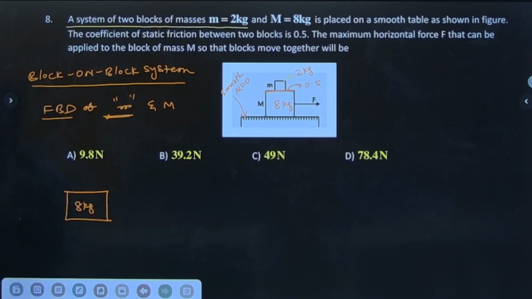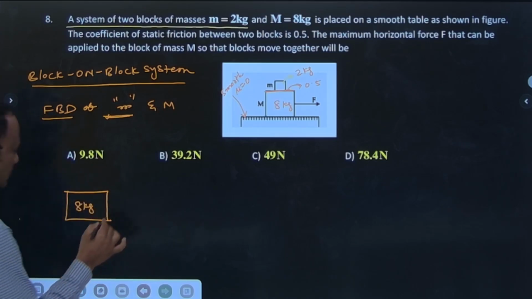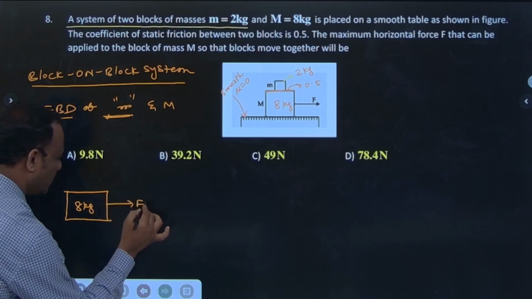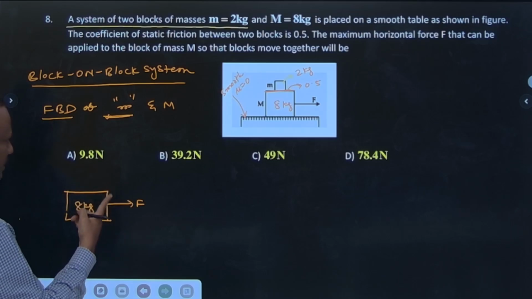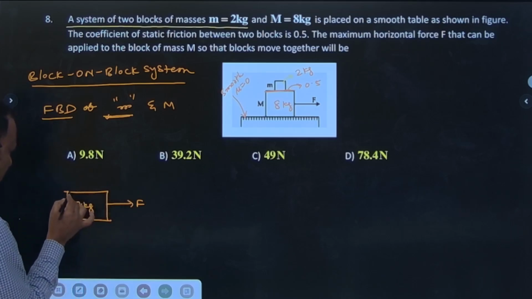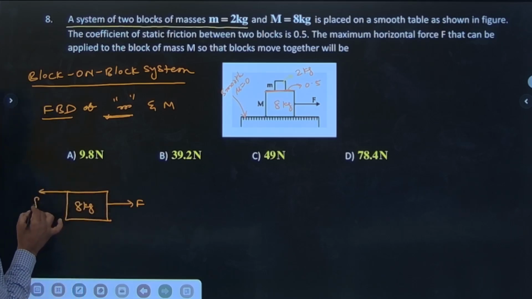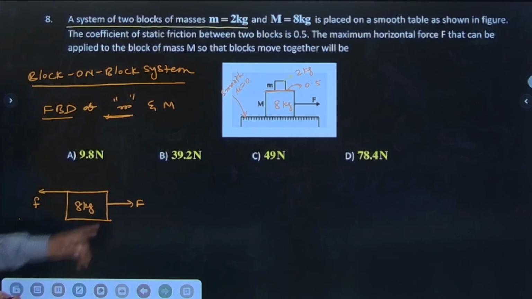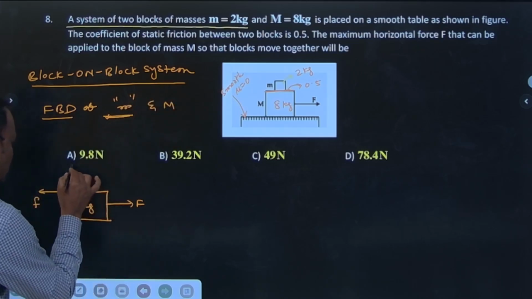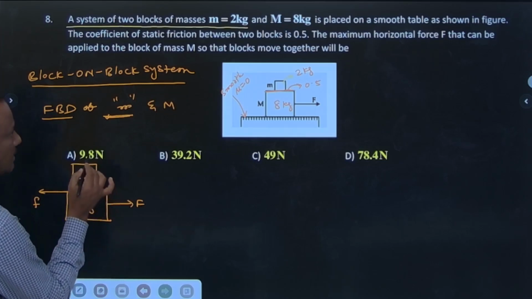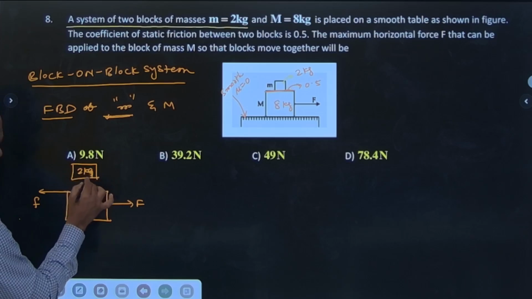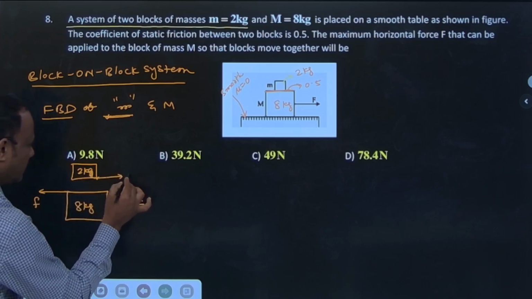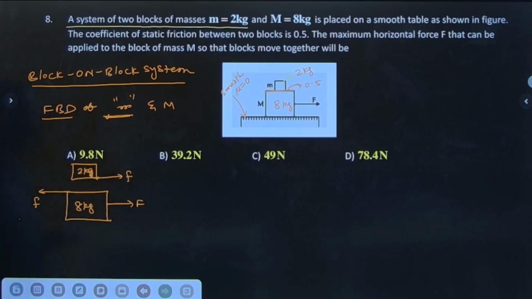This is the applied force capital F. When you apply the force, the frictional force between the surfaces acts like this. This is the limiting friction. And the block above has mass small m, 2 kg. The same F will act towards this.